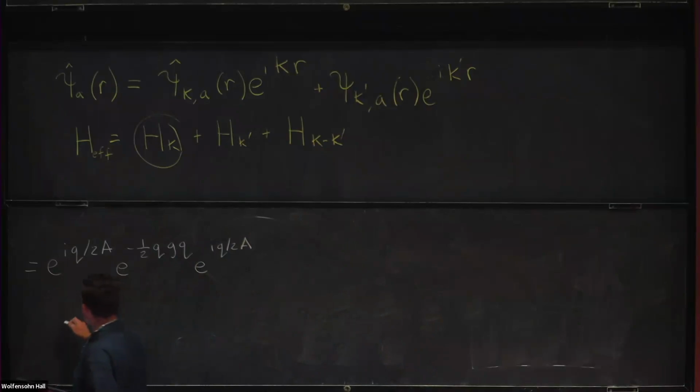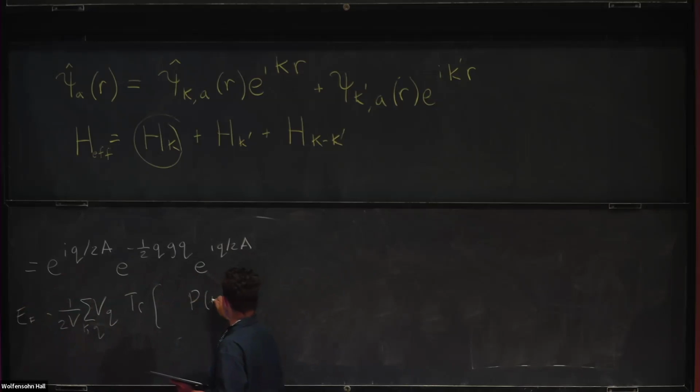And you find that the Fock term is equal to a sum over q. Okay, this is a little bit tedious, but I have the trace of the projector at k minus q over 2.